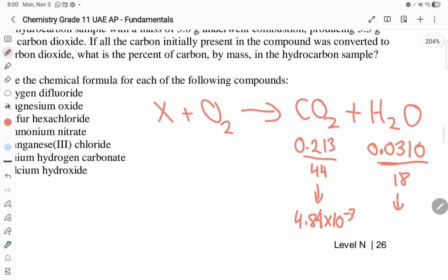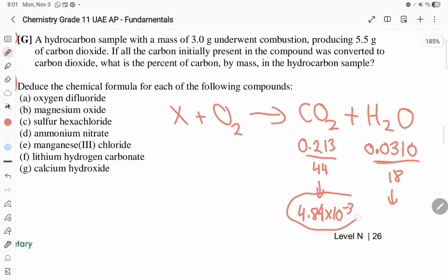Later we'll do this. So now you have this many moles of CO2. Now, how do you find the mass of carbon? To find the mass of carbon, you multiply this by the molar mass of carbon. So this times 12, you get 0.0581 grams of carbon.